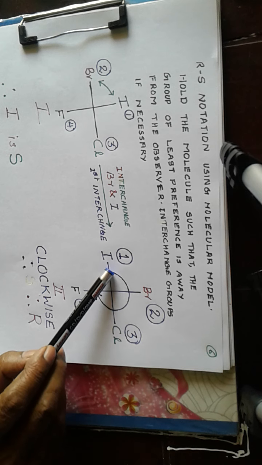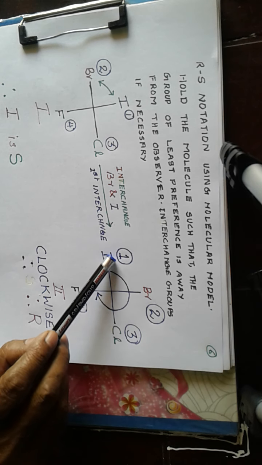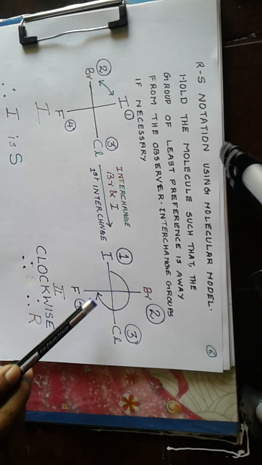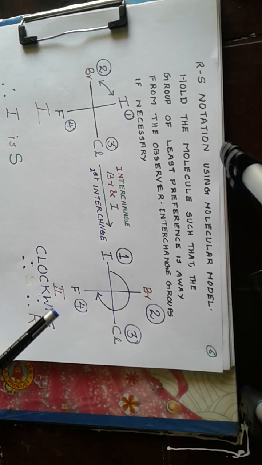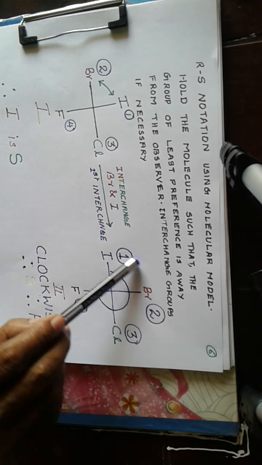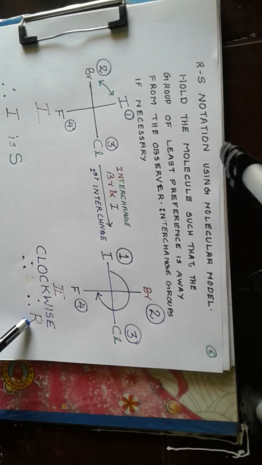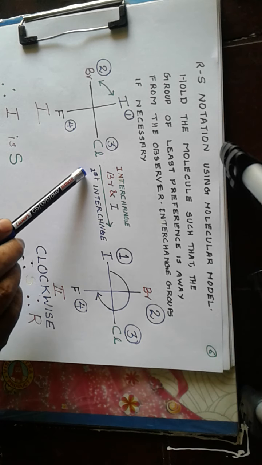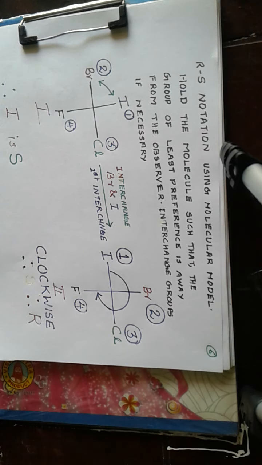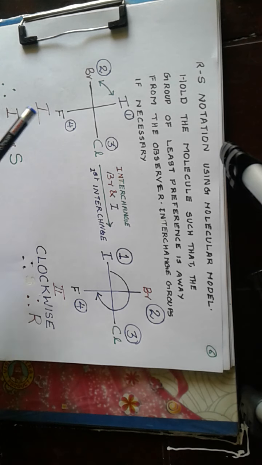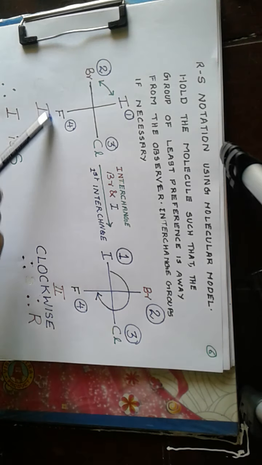So this orientation of groups 1, 2, 3, 4 is in the clockwise direction, and so this isomer is R. Since the interchange is only once, which is an odd number, the original configuration should be S. So this one is S.